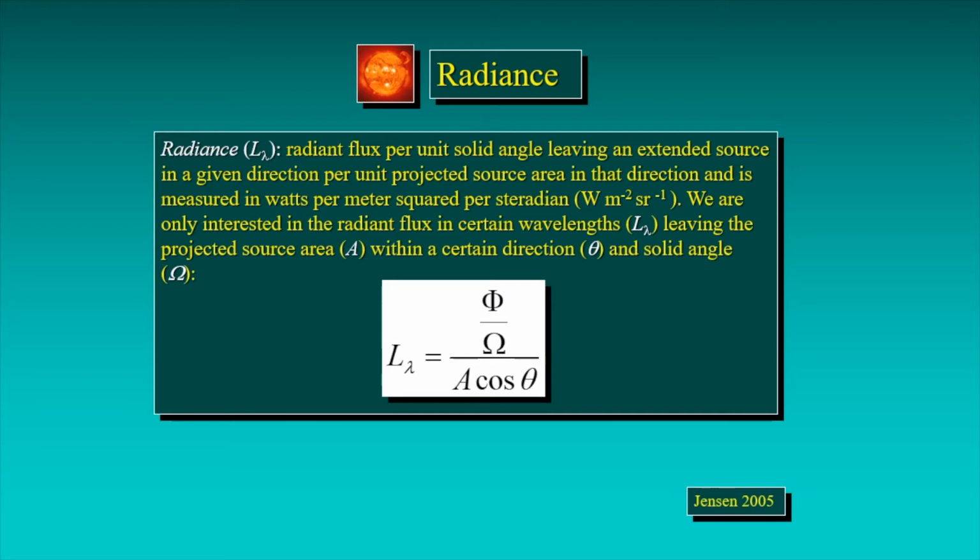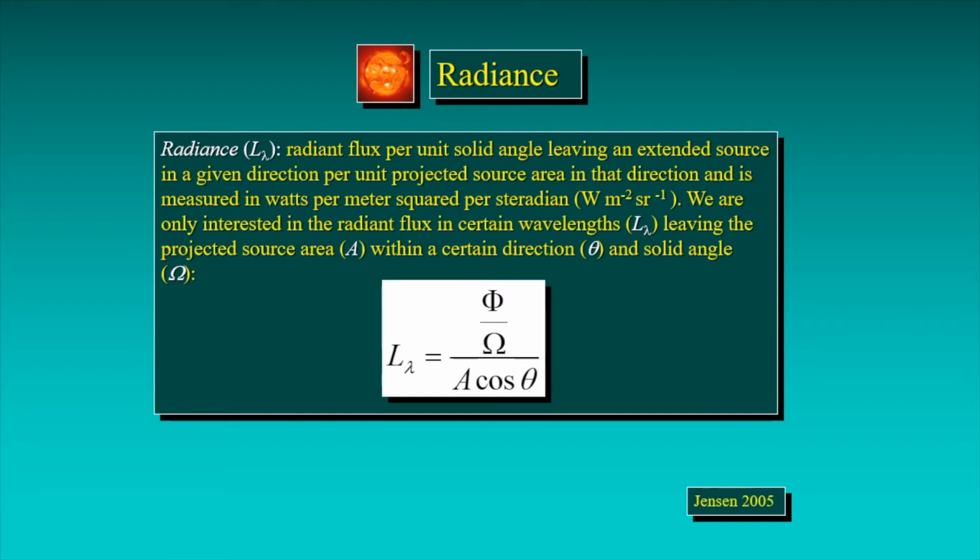So there's an additional unit there beyond what we have with irradiance, and it's the steradian unit here. You can think of a steradian as basically a three-dimensional cone over which we are accepting photons and detecting that with our remote sensing device. Okay, and we're only interested in the radiant flux at certain wavelengths, the wavelengths that our sensor is sensitive to, that are leaving our projected source area, we denote that with A, within a certain direction theta, and with a solid angle omega.